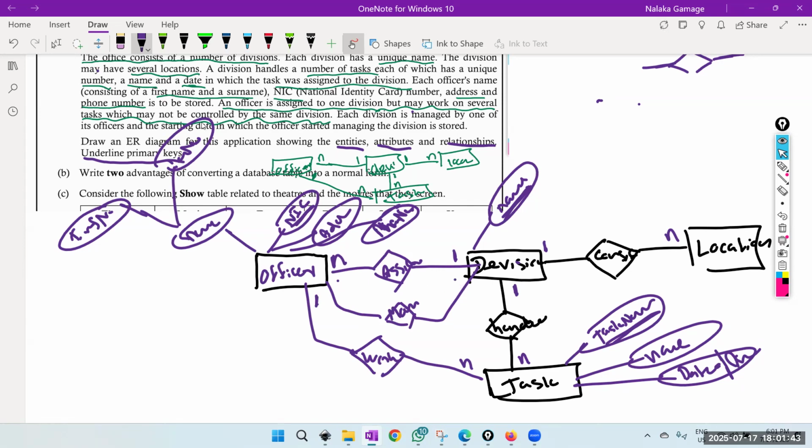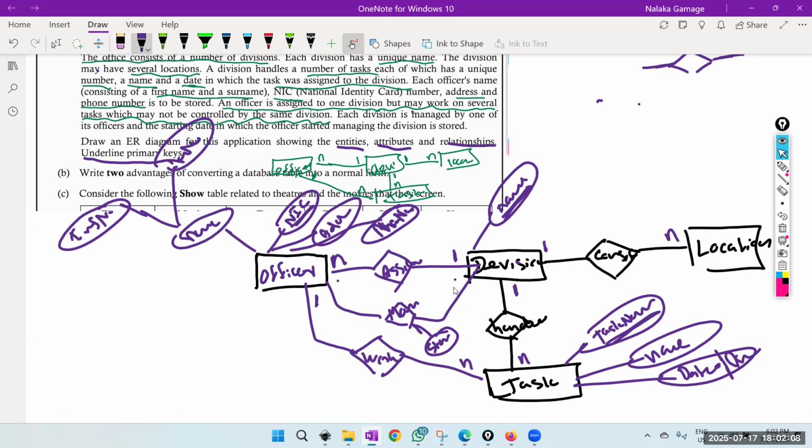Let's see. You can see a lot of fuzziness. Each division is managed by one of its officers, and the starting date on which the officer started to manage the division is stored. So the starting date must be here, an attribute for this relationship: start date. Because that is not the officer's attribute or the division's attribute. I am not very sure about this multiplicity.